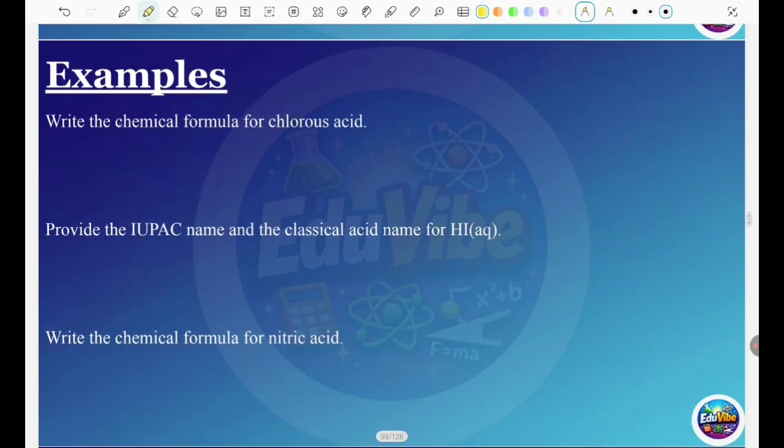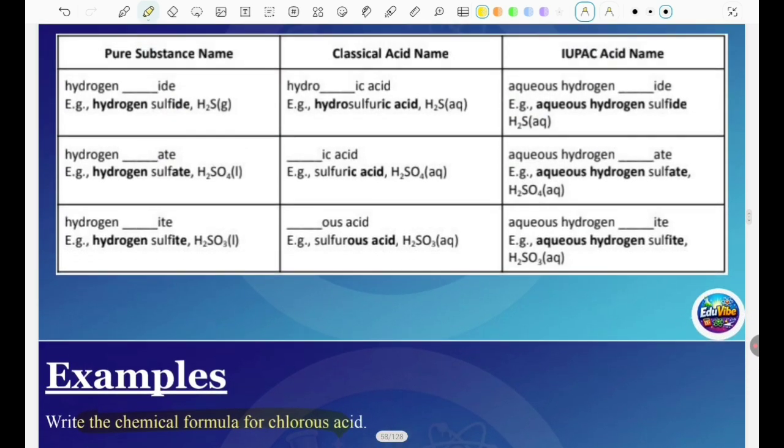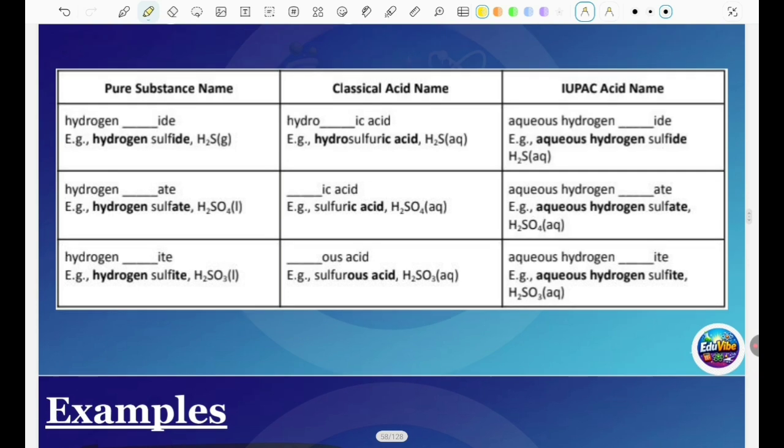Okay, we have to write the neat chemical formula for chlorous acid. For this type of acids, we don't take care of the pure substance name. These are in our classical acid naming. Here we have chlorous acid.